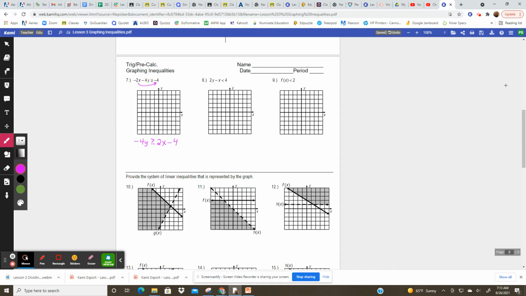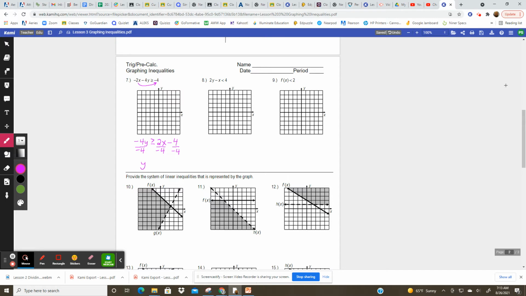I'm going to do it by dividing everything by negative 4. Divide that by negative 4, divide that by negative 4, and divide that by negative 4. So this reduces to 1. But we have to be careful here, because anytime you multiply or divide by a negative in an equation or inequality, you need to flip the sign over.